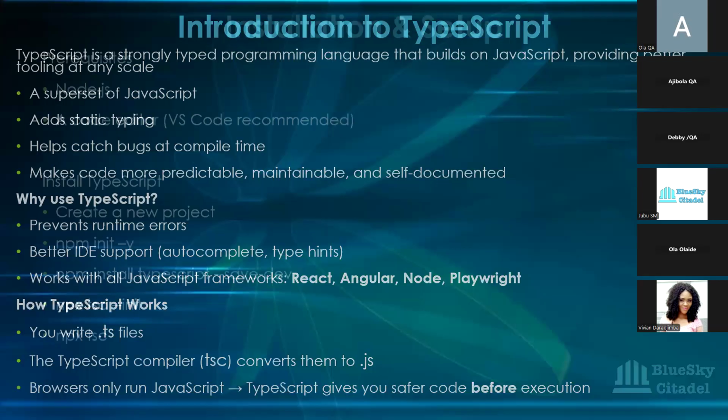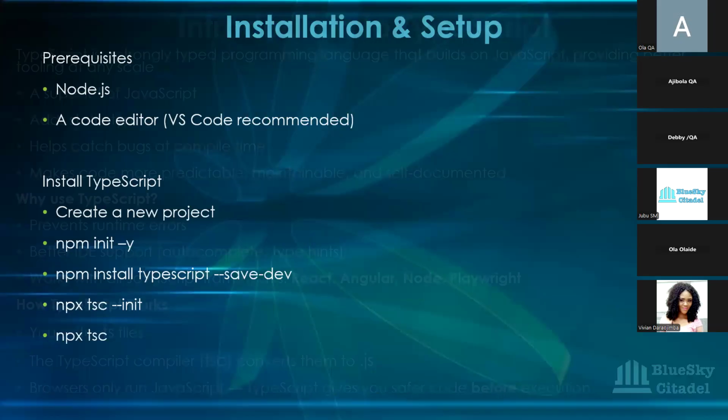In order for us to work with TypeScript, there are only two things we need to have in our system. The first one is Node.js, or rather the JavaScript runtime environment in our case, which we've installed already, and the second is a code editor or an IDE, and VS Code is recommended.